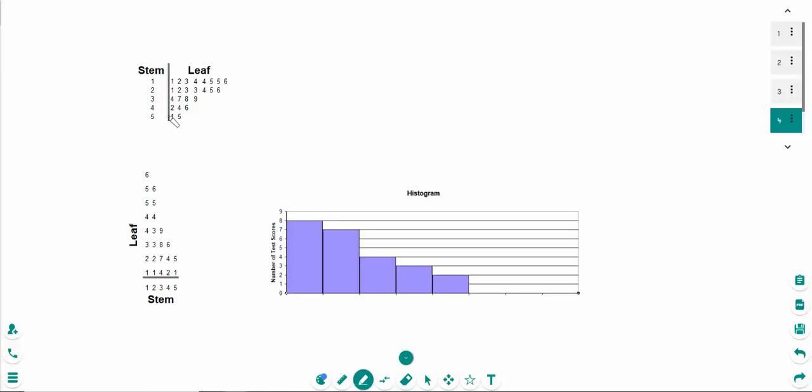So if you fell in that teen range, you could feel like you're in good company. A lot of other people only sold that many candy bars. If you fell in the 50s range, you could feel really good about yourself. You sold way more than most people. Okay? All right. So very good. That's how you can see these stem and leaf plots and get an idea as to what's going on in the data.